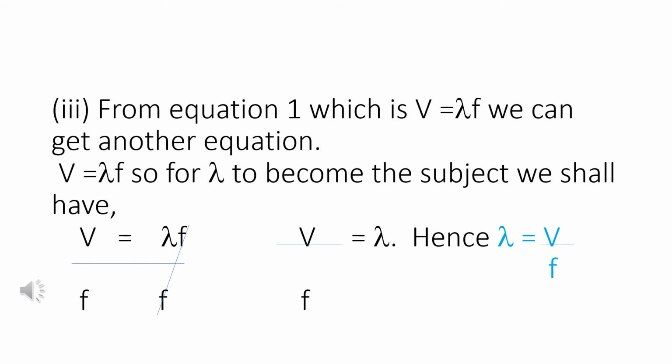This means that V over f is equal to wavelength. Hence, wavelength is equal to V divided by f. So when I'm looking for the wavelength, I get the wave speed and divide it by the frequency. Wavelength equals wave speed divided by the frequency. Simple.